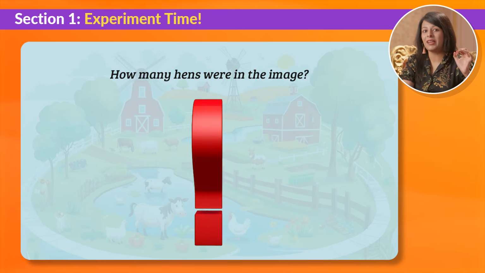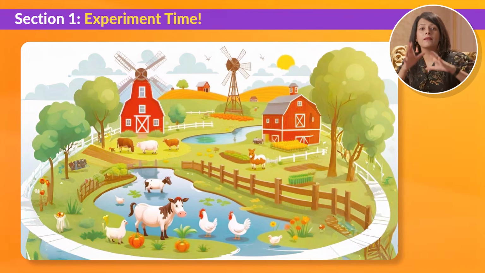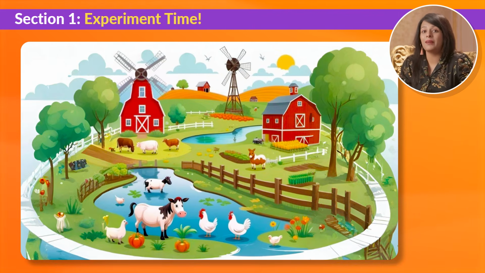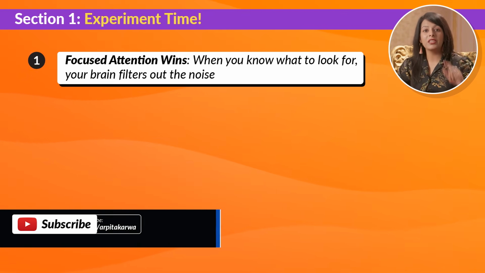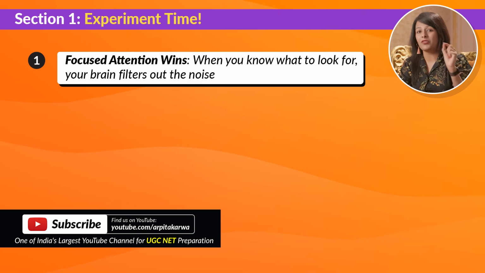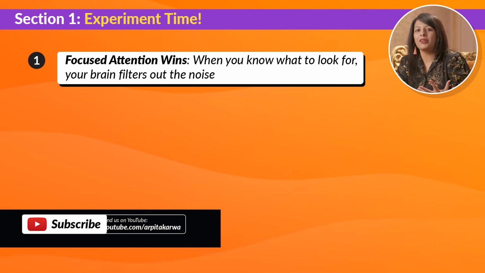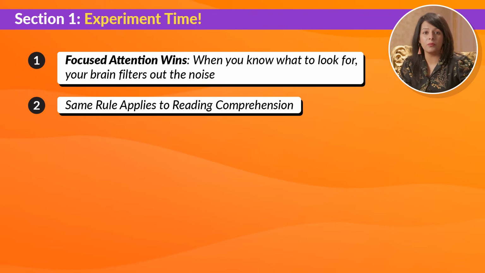It is because your attention was spread across everything in the image, not just the hens. Now, look at the picture again, but this time focus only on counting the hens. You will notice there are 2 hens and you can find them quickly and accurately. The difference between these two experiences is that when you knew what to look for, your brain focused on relevant details and ignored distractions. This simple experiment is very similar to how reading comprehension works.